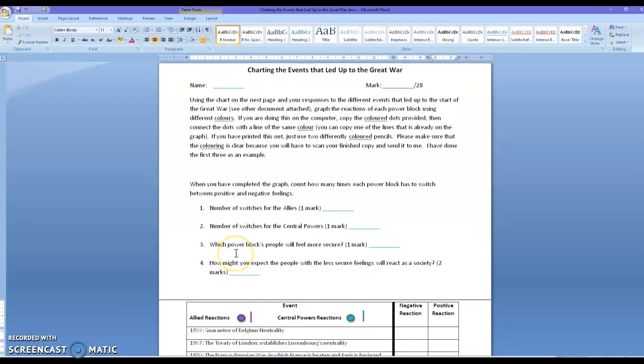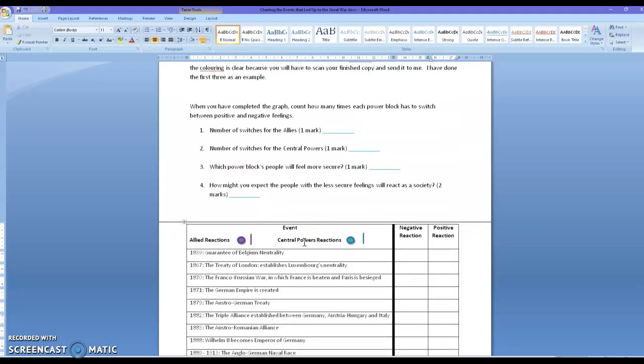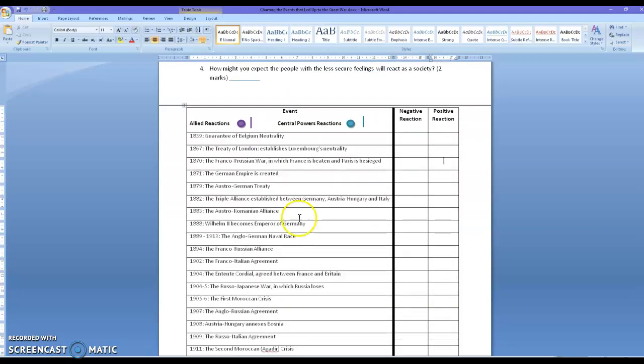documents that I've given you, and that's called Charting the Events that Led Up to the Great War. Now, with this one, I've given you a chart, and here are all the different things. And what I want you to do is chart the reaction. So the guarantee of Belgium neutrality, the Allies thought that was a good thing.